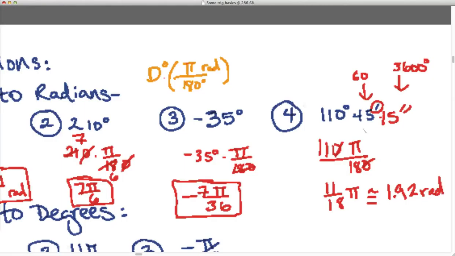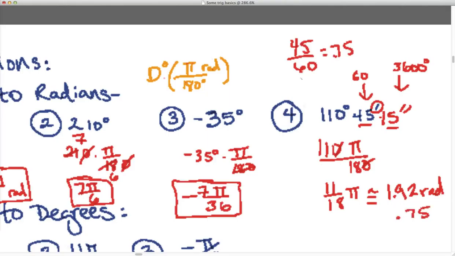So then to account for these two, you take 45 divided by 60, and that should be 0.75, right? And then it's going to get added here.